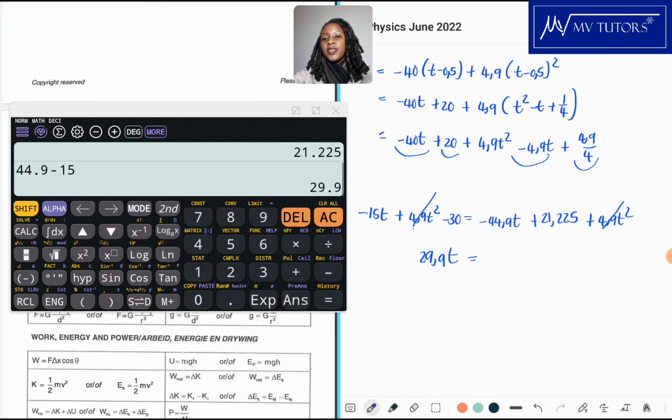Then if I take negative 30 to the right side, I have 30 plus 21, that's going to be 51, and then 225. We're going to divide both sides by 29.9.